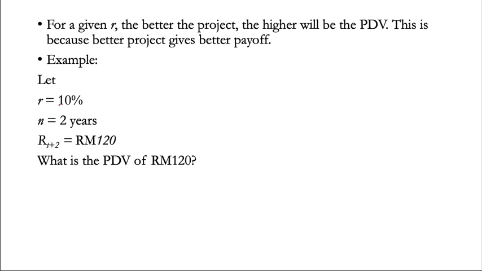For a given R, in this case 10%, small letter r means interest rate, the better the project, isn't it? Because what we can understand is that you want to get more income, you must make sure the interest rate is higher so that your interest return in the future will be higher, so that the PDV will be higher. Okay, because a better project gives a better payoff.